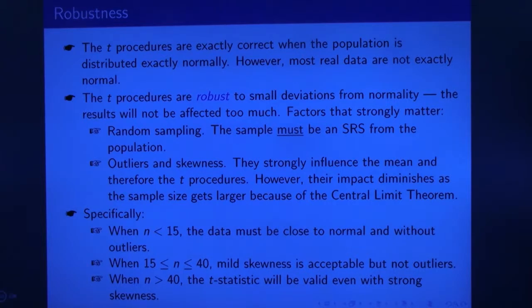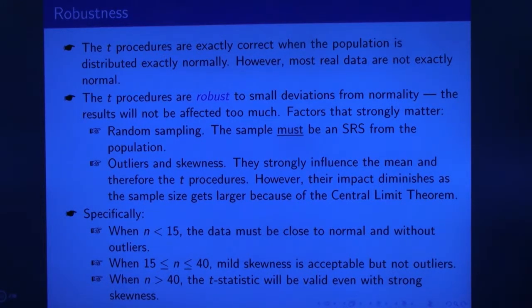But the good news is the t procedures are robust to small deviations from normality. The result will not be affected too much. Factors that strongly matter, the first one is random sampling. The sample must be a simple random sample from the population. So keep in mind, this is the first one.